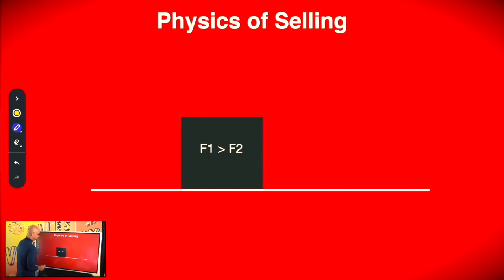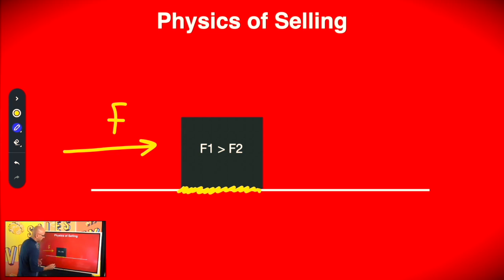Now, there are two different forces, and I'm being simple here about how this works. If you were to push this block that way, let's call that F1. But right here, where the block makes contact with the surface, there is a frictional force. Remember that.